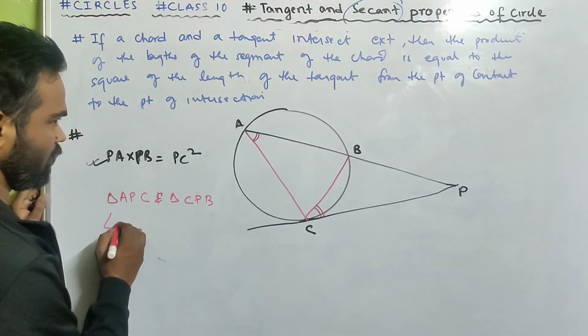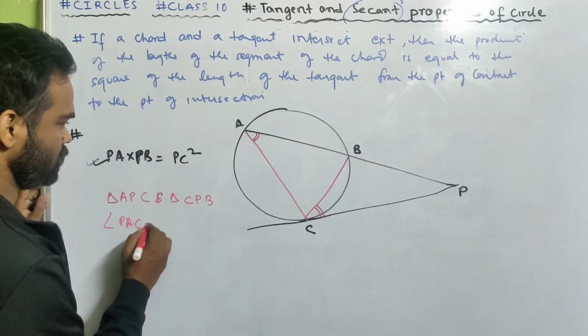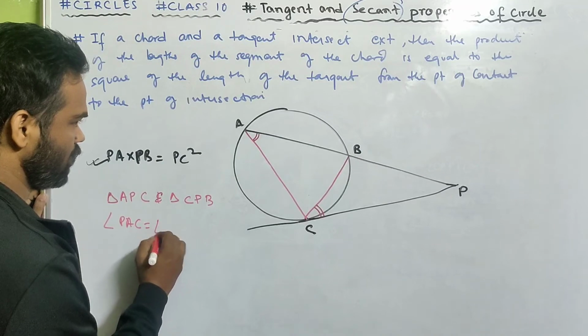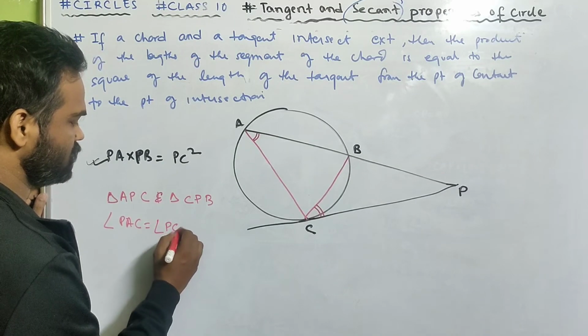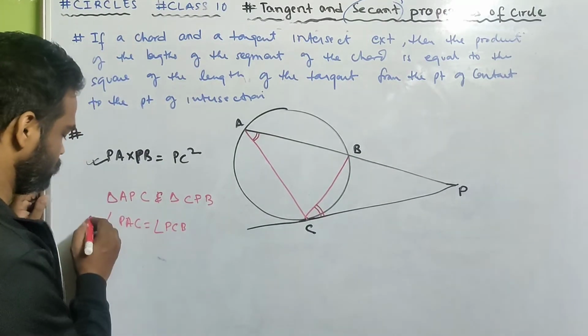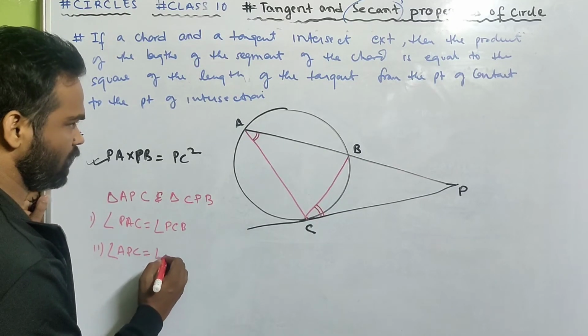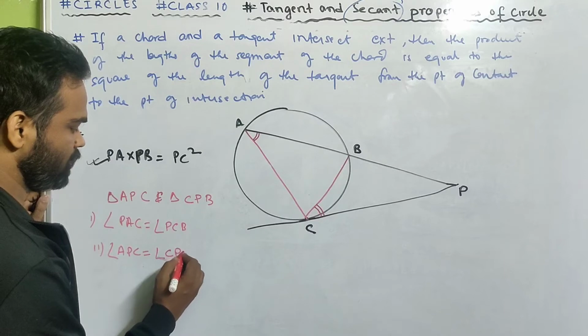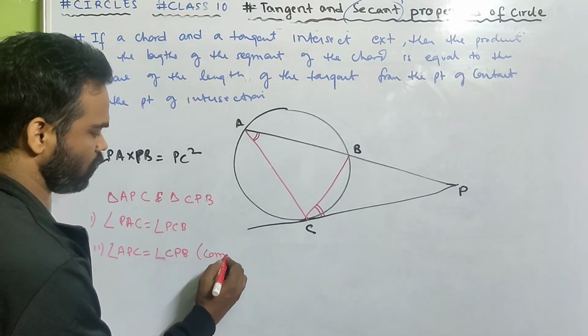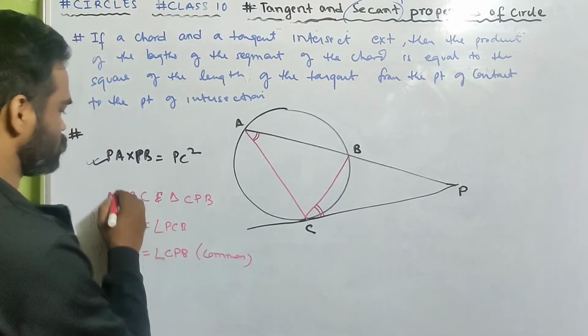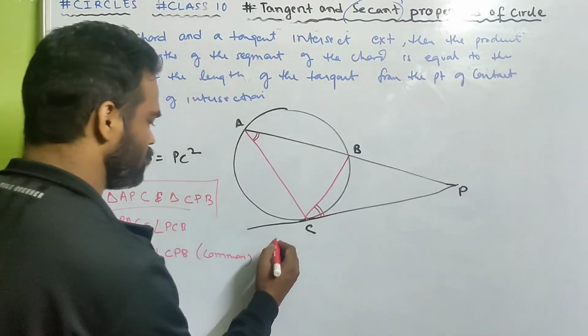First of all, angle PAC is equal to angle PCB, angle in alternate segment. Then angle APC is equal to angle CPB, that's the common angle. Look over here, which means these two triangles are similar.